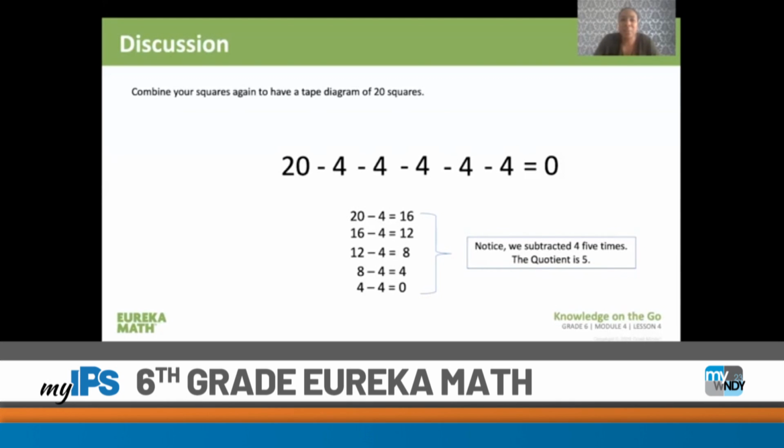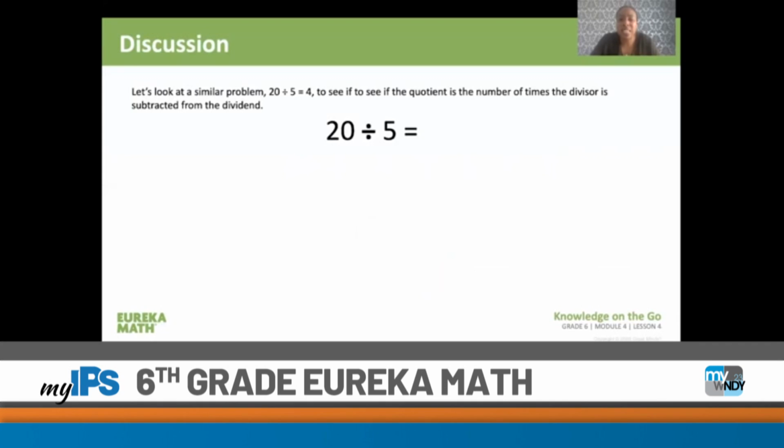Now let's look at a similar problem. 20 divided by 5 equals 4. To see if the quotient is the number of times the divisor is subtracted from the dividend, why don't we create a number sentence where we will subtract the divisor? 20 minus 5 minus 5 minus 5 minus 5 equals 0.